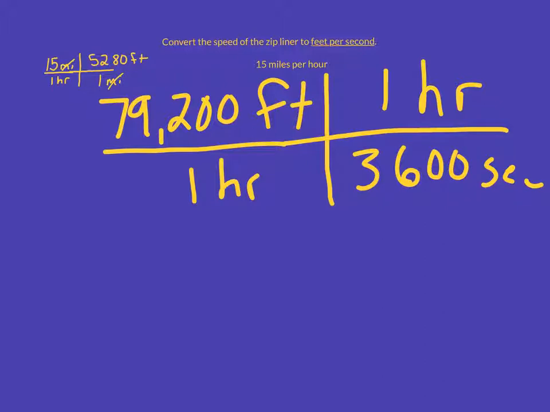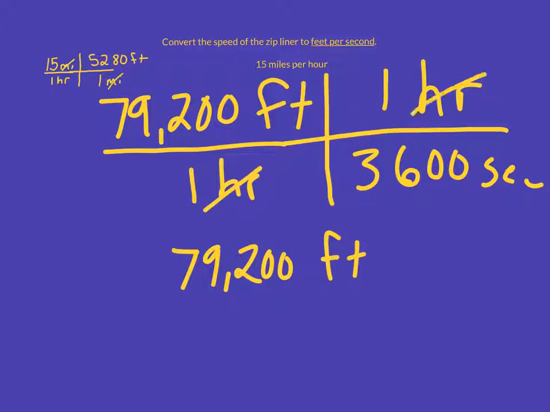I'm going to start by multiplying across the top. And when I do that, I'm going to get 79,200 times 1 is going to leave me with 79,200. That's going to be feet, because remember my hours cancel out.